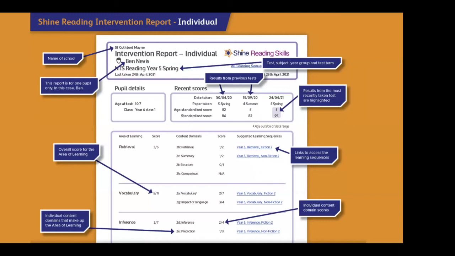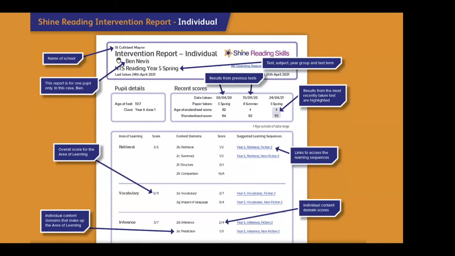And what it's going to show you here, you can see the various strand level analysis. It shows what they scored in this particular paper, and it breaks it down into where the scores were. So you can see they got 1 out of 2 for retrieval in text and 1 out of 2 for summary. They didn't get any in structure of text. In comparison, that wasn't tested in this particular test.